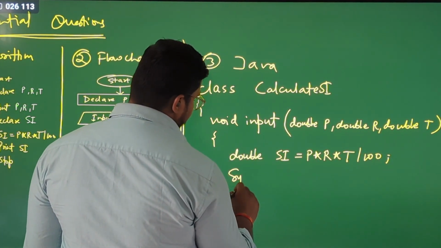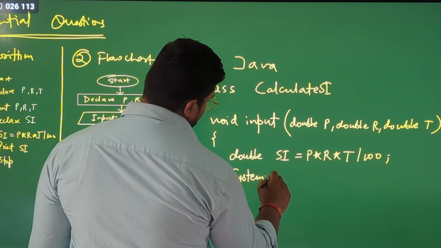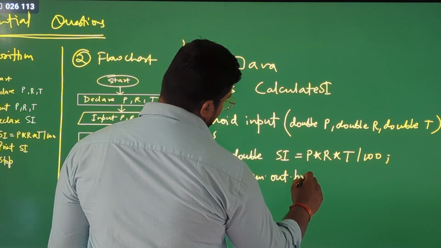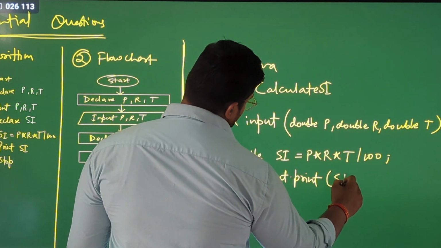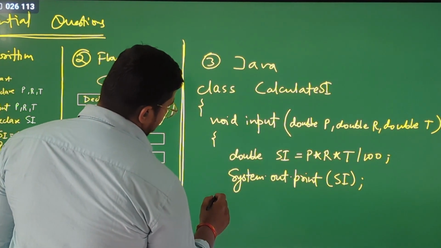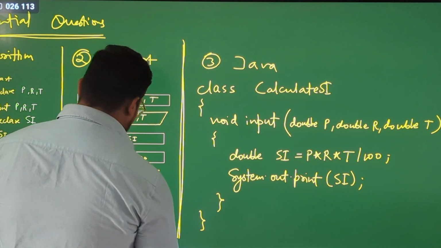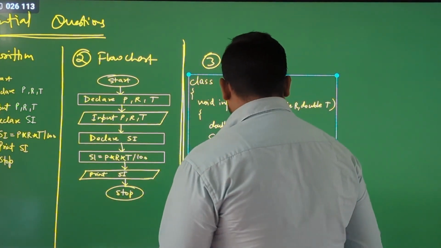And then we printed simple interest: System.out.print SI. Now we close this bracket. Yes or no?